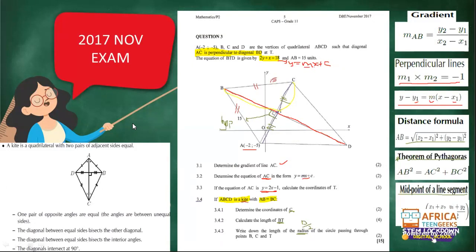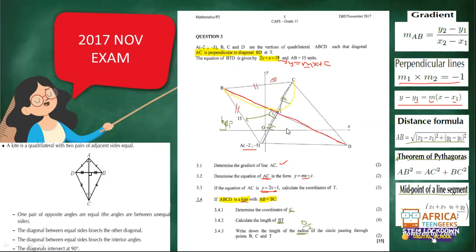Remember they say you have to calculate the radius, isn't it? Yes. And the radius is half of your diameter, isn't it? Yes, ma'am. So in this case, if you draw, it's just that here it's not very neat. If you draw a circle from point B, T, C, so it's going through BTC.